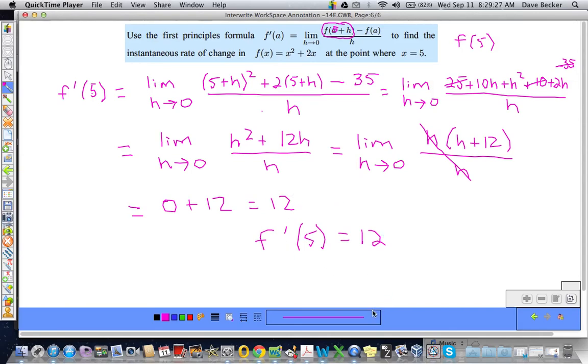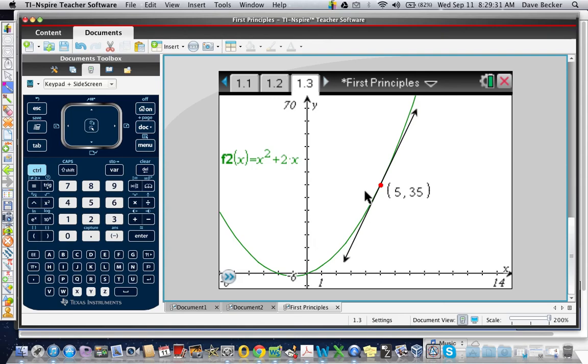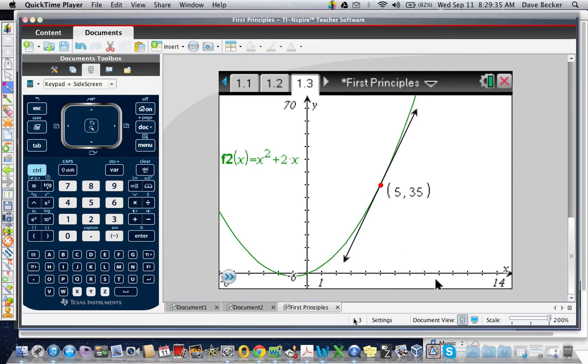Don't believe me? Let's take a look, boys and girls, because I've got it set up for you right here. I have the function x squared plus 2x. I have plotted the point at x equals 5 and y equals 35. I have constructed the tangent to the curve at that point.